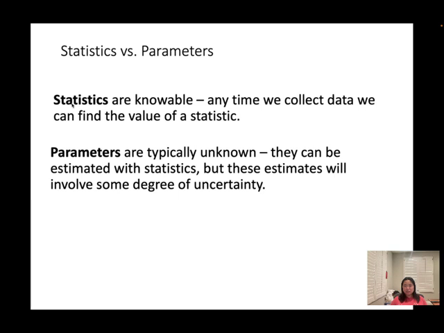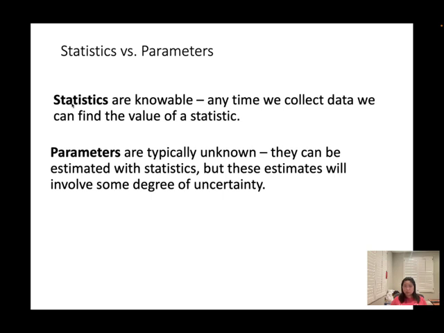Parameters are typically unknown. They can be estimated with a statistic, but this estimate will involve some degree of uncertainty. So think about it. A parameter describes the population. Just like our example, we want to find the mean weight of 10-year-old girls in the United States. Is it possible that I could find the population mean weight? No way, right?